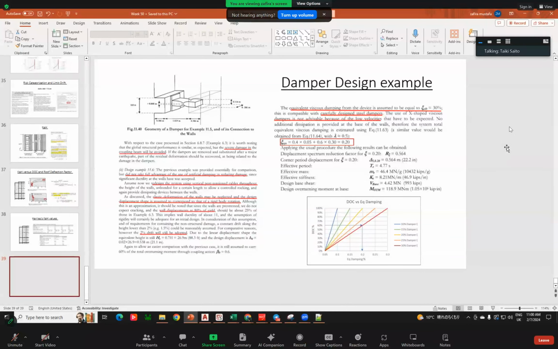This formula is like an empirical formula. Yes, sensei. So I think if we use a damper, we cannot relate to degree of coupling, unless it's from the original building that we would improve with the damper.